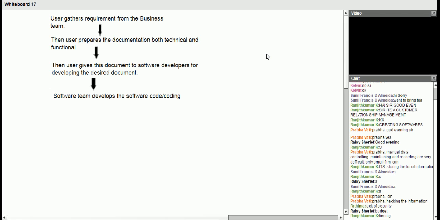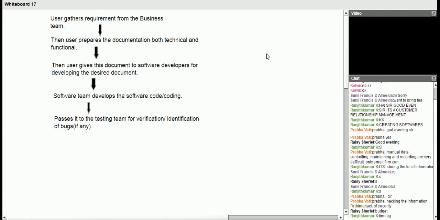The software team develops the software code, or coding, and passes it to the testing team for verification or identification of bugs, if any.